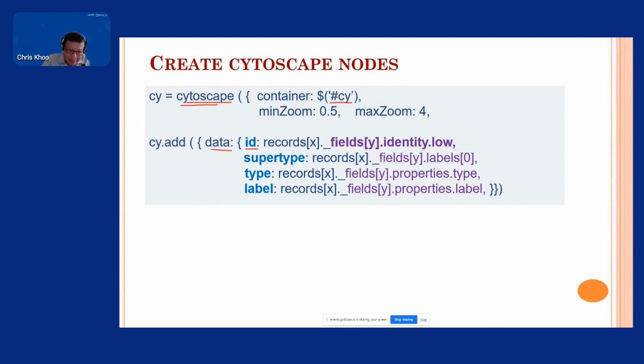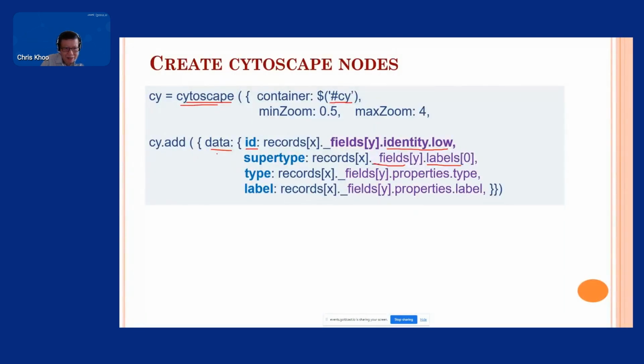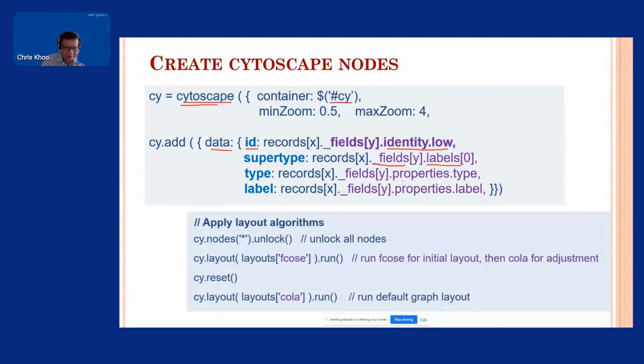And then the Cytoscape ID is the same ID as in Neo4j identity low. And then I add in the other attributes like node labels. And notice that all this information is from the fields property. So fields here. So all this information is added to the node.